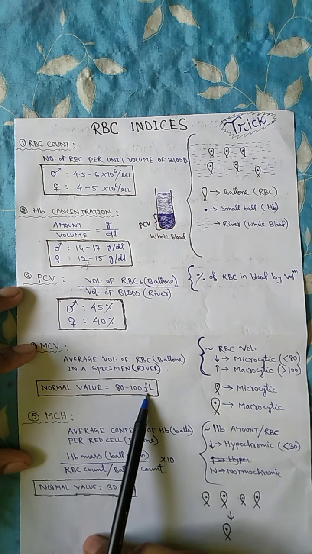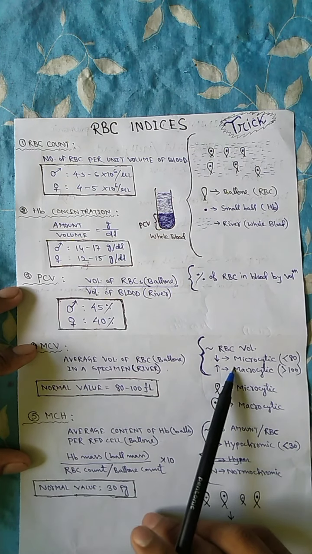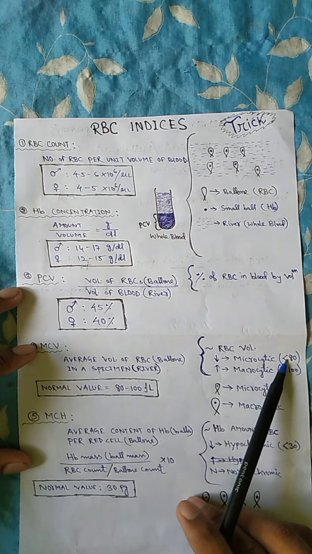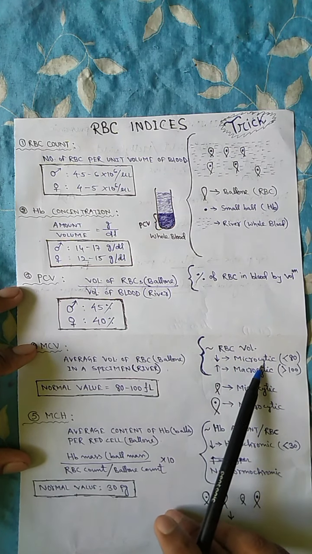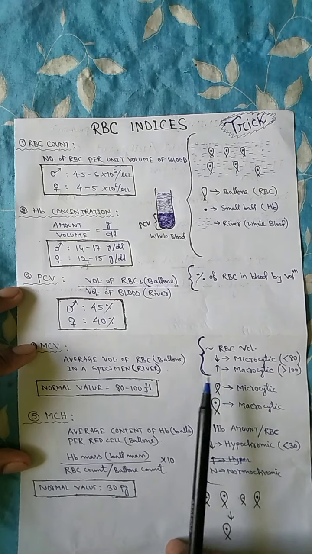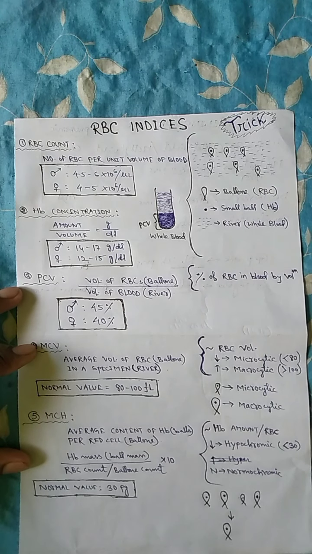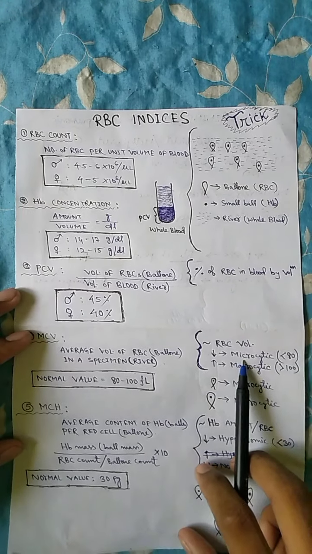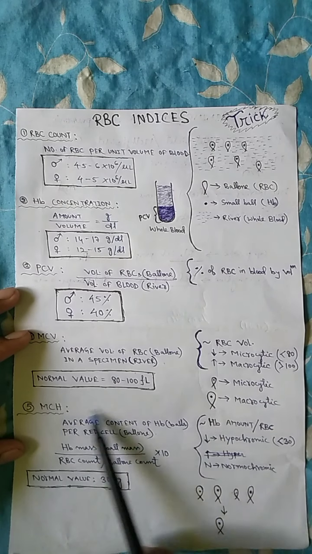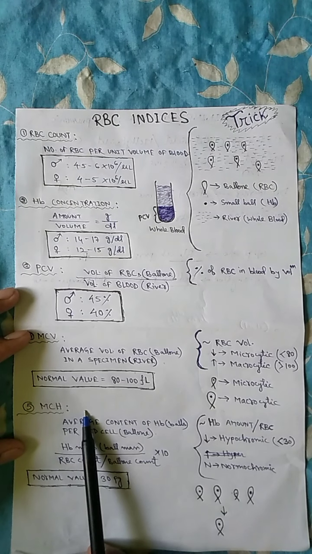Normal value is 80 to 100 femtoliters. If less than 80, we call it microcytic. Micro means small and cytic means cell, so small cell, microcytic. And if more than 100, macrocytic. Macro means large and cytic means cell, so large volume is macrocytic. And then the normal value.